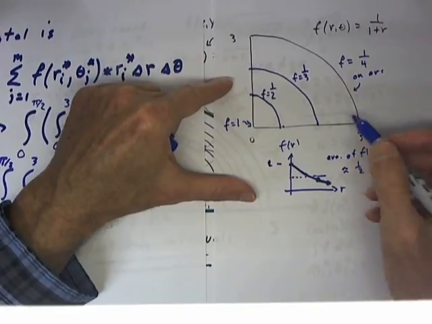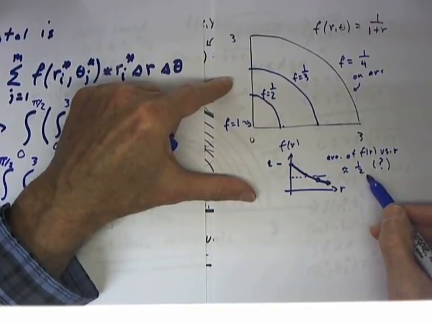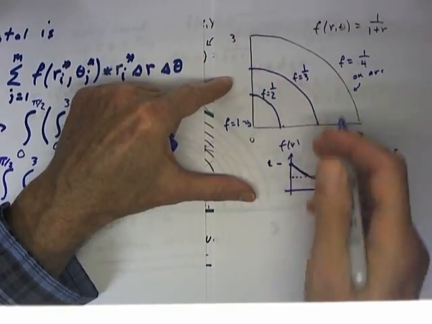If f of r over this region actually had an average value of 1/2, then what would the integral be?